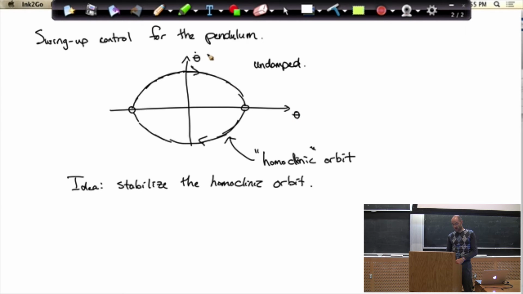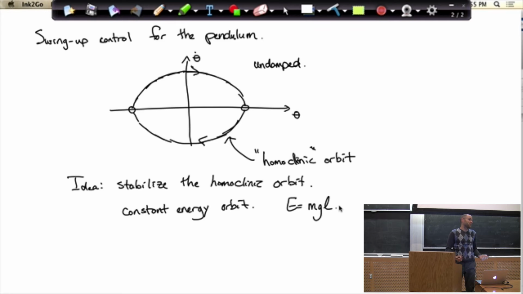Yeah, the energy is constant. And it's going to be the same as the energy at the top. Exactly. So this is a constant energy orbit, an orbit of the undamped pendulum. And in fact, the way I had defined energy, it's going to be where the total energy equals mgl. We'll write it down, but it's a constant energy.